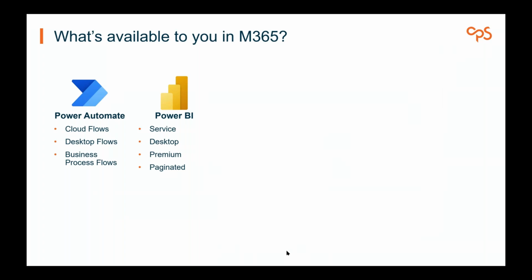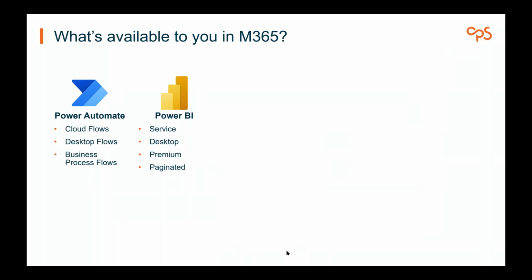So if you wanted to kick off a process manually, then you could do that through a cloud flow, but also based on automatic responses as well. So if you create a new project, you may wish to run an automation. Maybe that is an approval process based on the value of that project, or maybe it is a notification to the person that's been assigned it as a project manager.